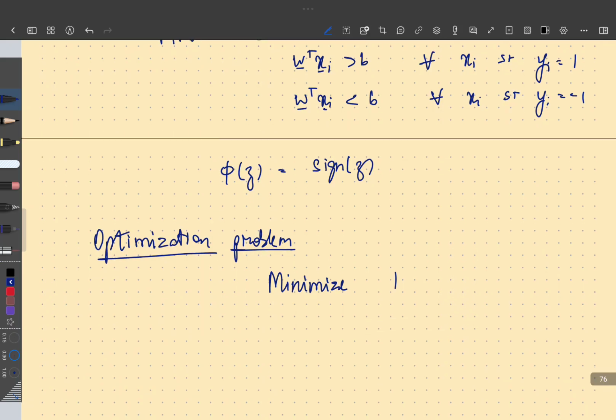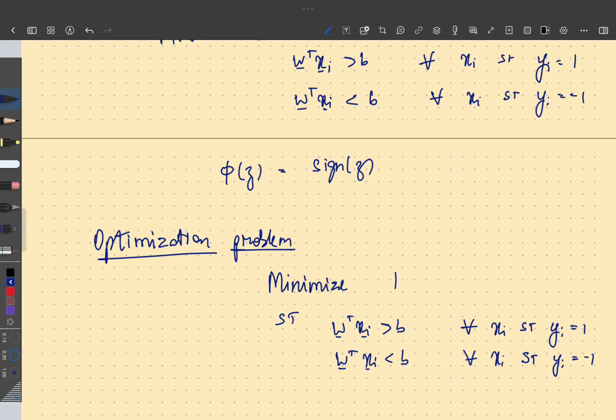You minimize a constant subject to the constraint that W transpose Xi is greater than B for all Xi such that Yi equals 1, and W transpose Xi is less than B for all Xi such that Yi is minus 1.